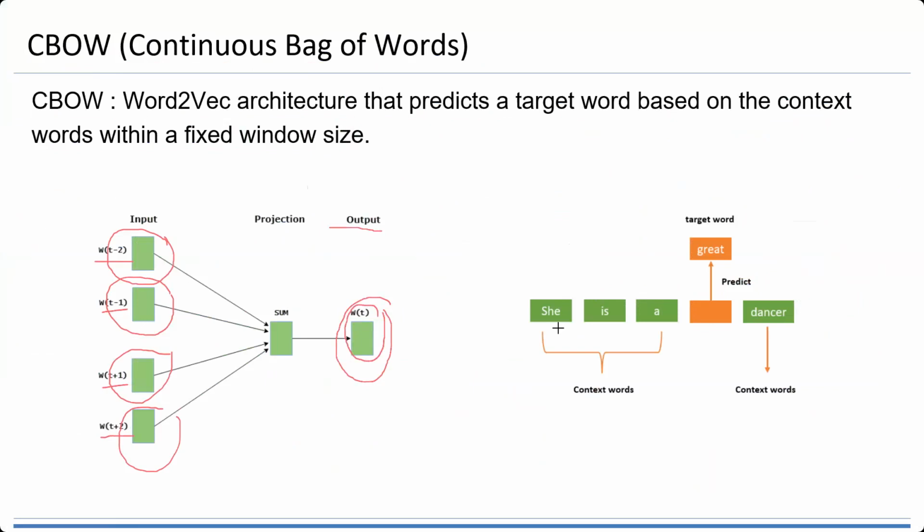For example, if we have a blank in this position, what is the possible word here? We can predict, for example, the word "green".